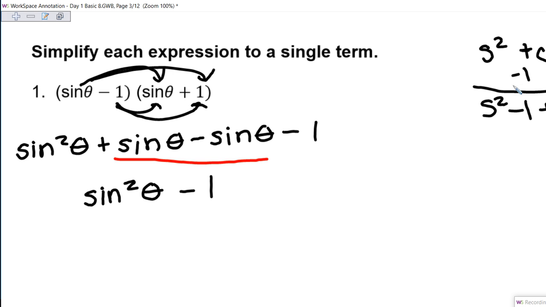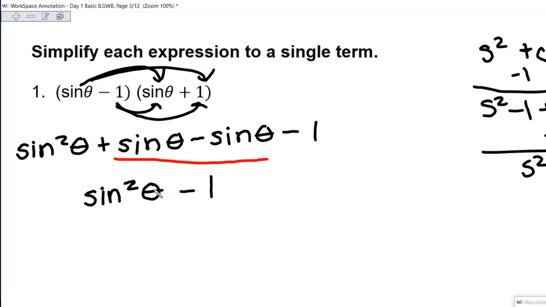Now the only thing I want to have on the left side is sine squared minus 1. So how do I get rid of the plus cosine squared? Yeah, we need to subtract cosine squared to both sides. So that gives me sine squared minus 1 is equal to negative cosine squared. So there's yet another Pythagorean identity that we didn't do on that previous page.